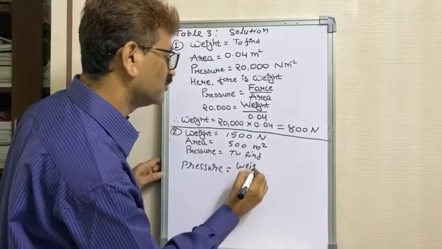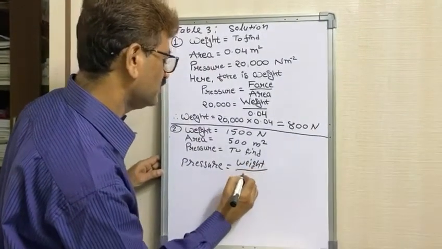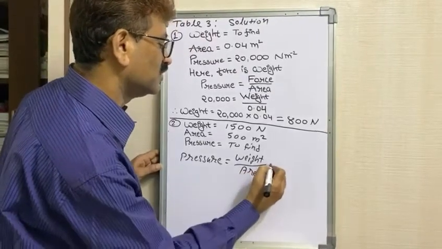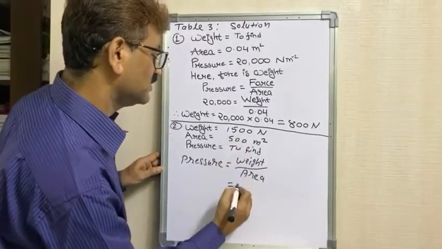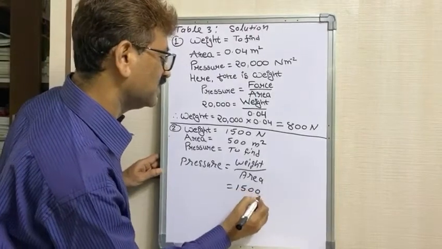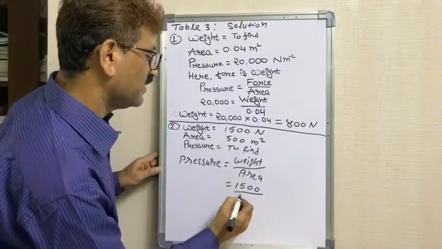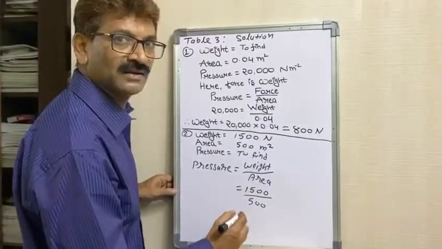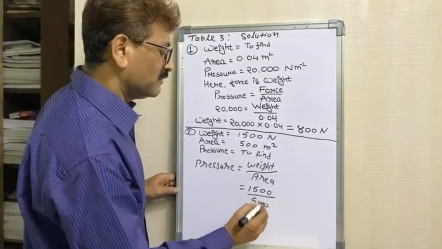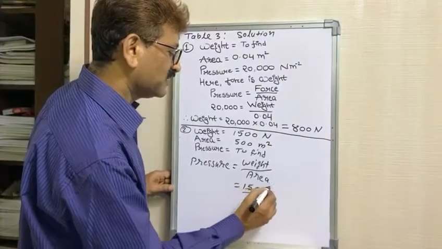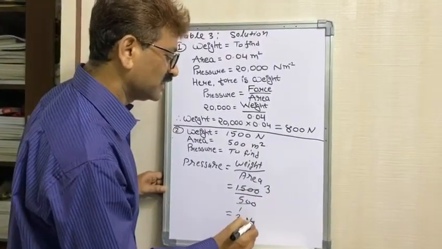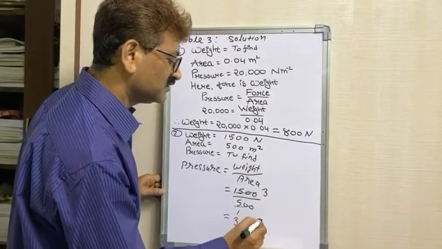So weight upon area: weight is 1500 Newton, area is 500 meters square. Now by dividing, 500 ones are 500, 500 threes are 1500. So what is the answer then? 3 Newton per meter square.